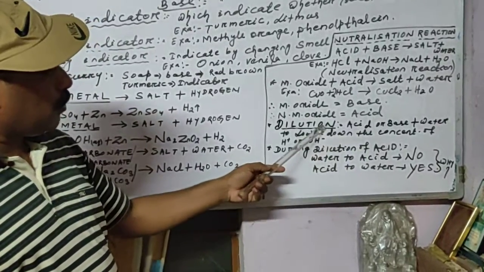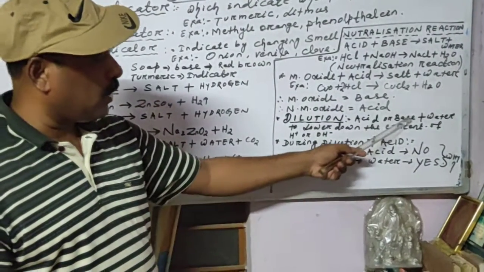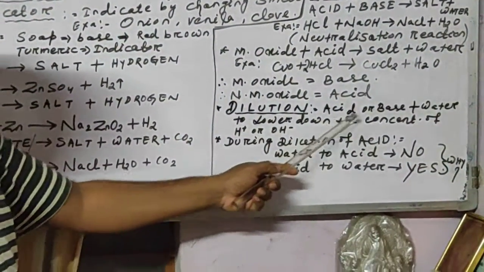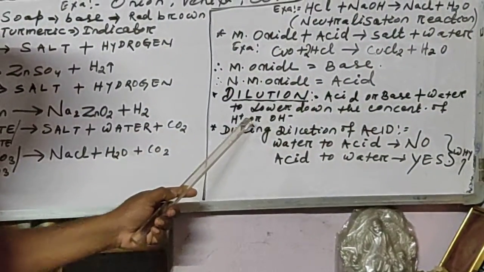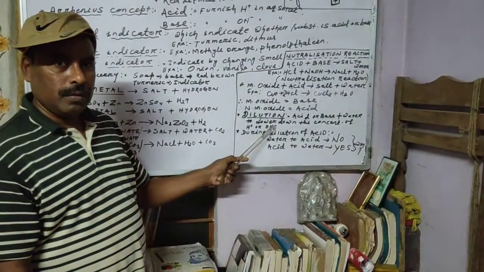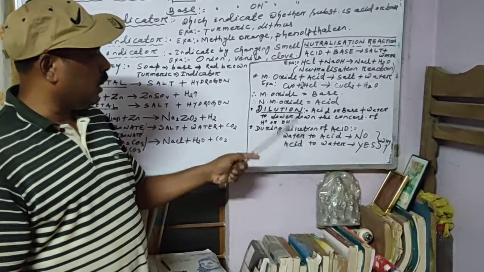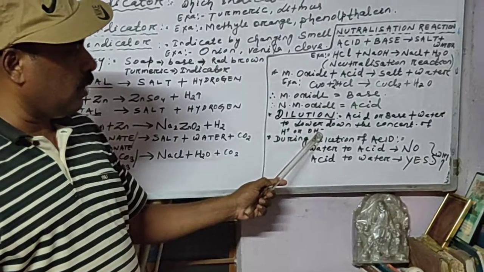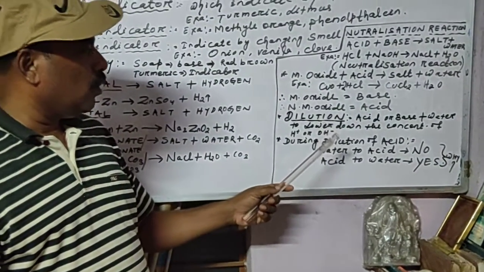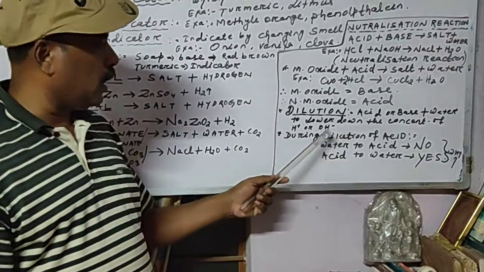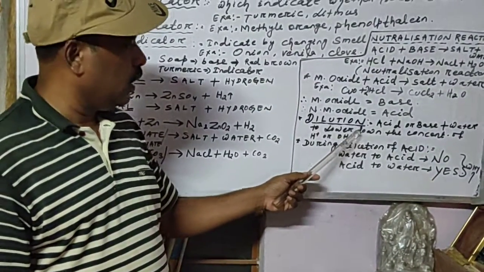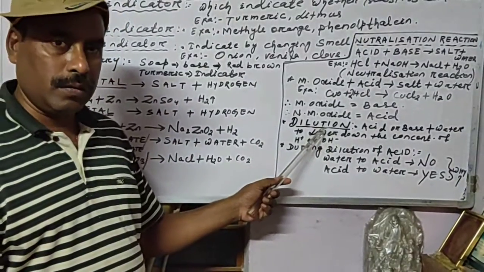So dilution is a process by which acid or base is mixed with water to lower the concentration of hydrogen or hydroxyl ions. Because when acid reacts with water, hydrogen ion is formed. When base reacts with water, hydroxyl ion is formed. So to lower the concentration of hydrogen or hydroxyl ions in the acid and base, when water is added, that process is known as dilution.